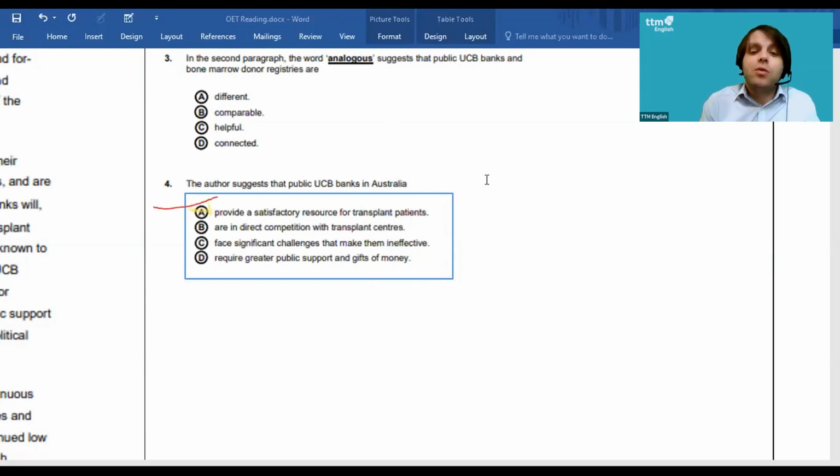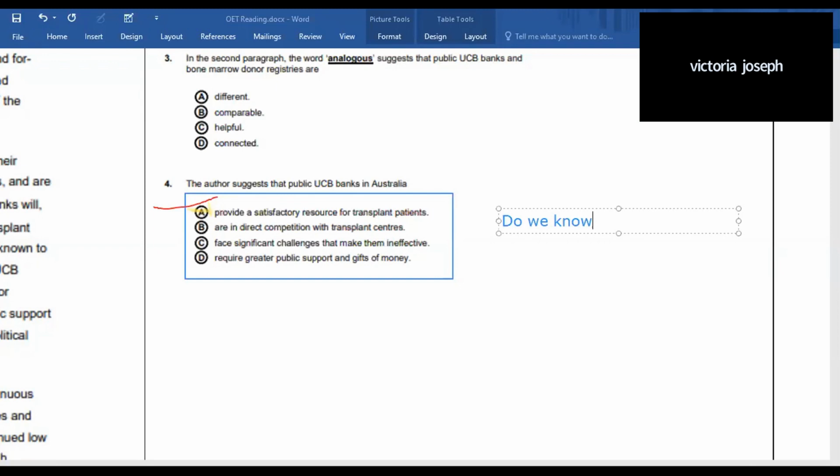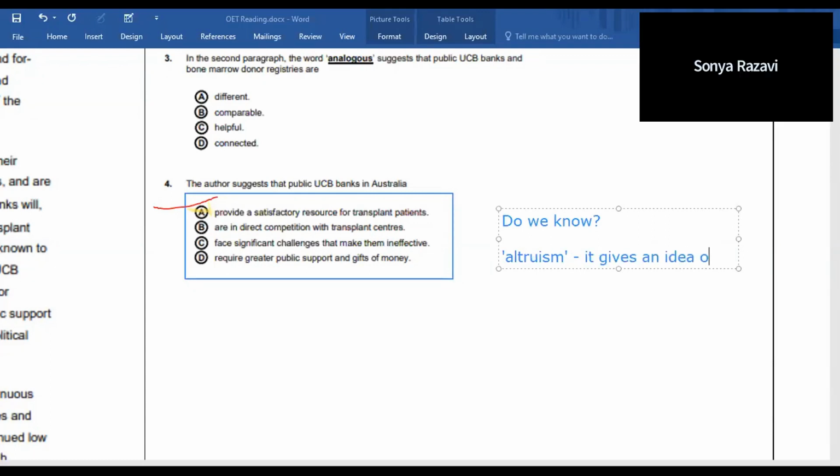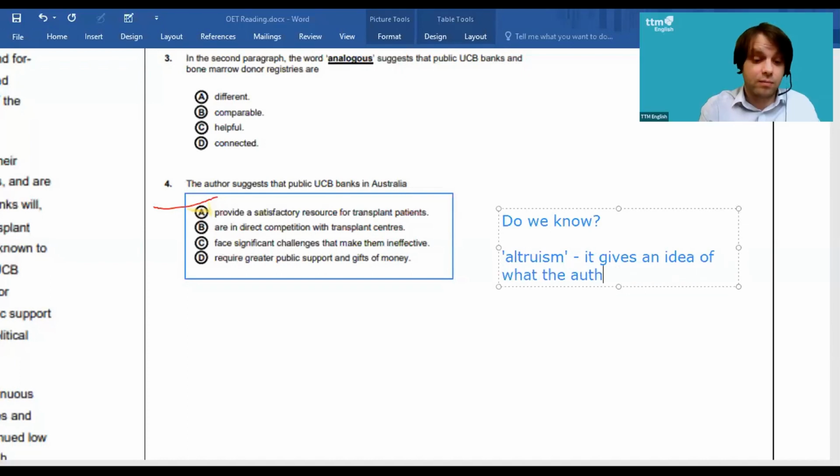Do we know the answer? I don't think we do. What do you guys think? No. Altruism doesn't help us, does it? It gives us an idea of what the author is saying, but the answer is not there.